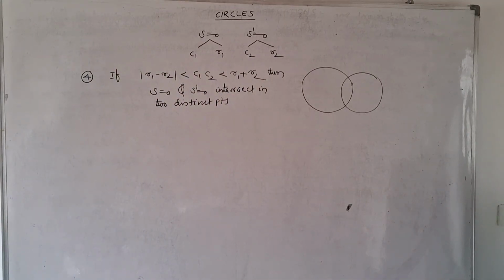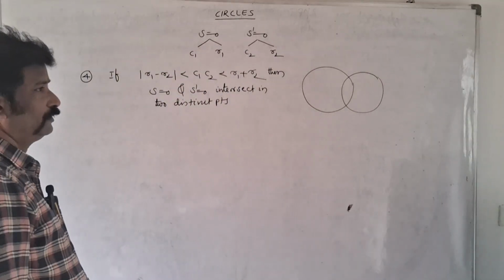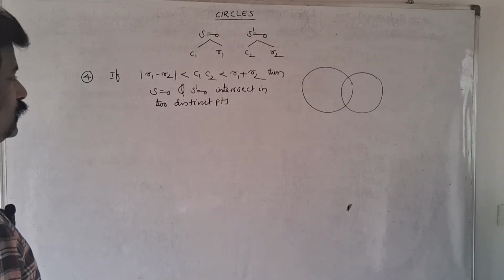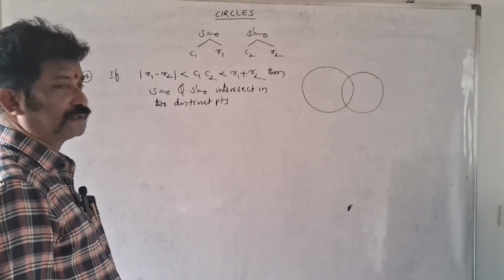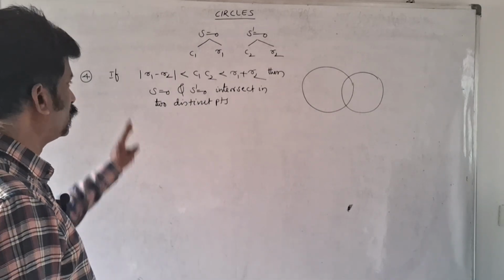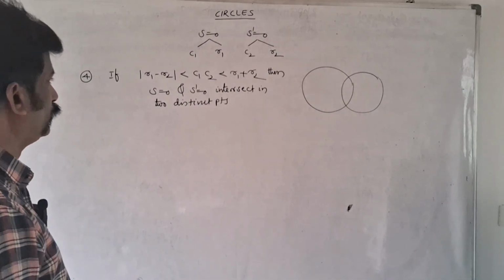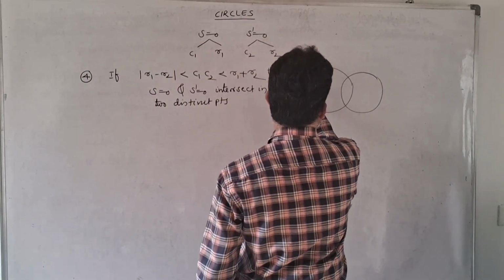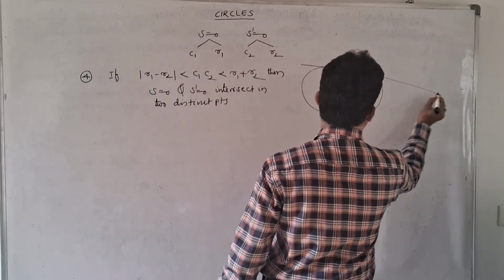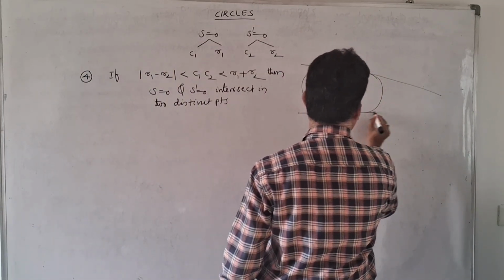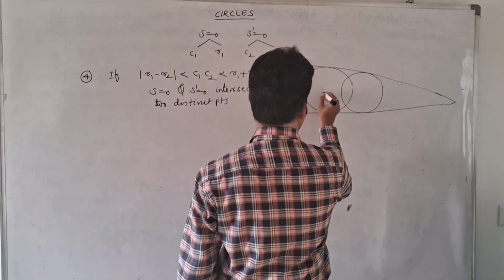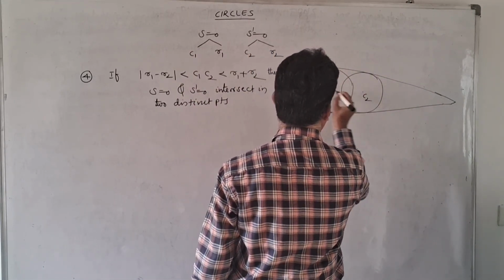If modulus of R1 minus R2 is less than C1C2 less than R1 plus R2, then the two circles S equals 0 and S' equals 0 intersect in two distinct points like this. This one is C1 and this one is C2.